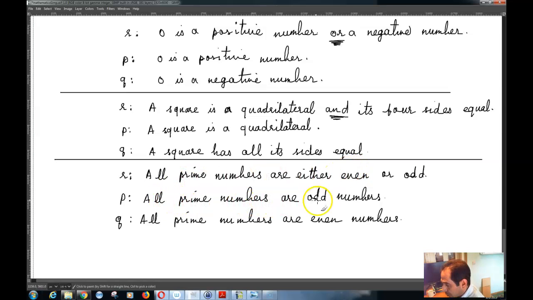Now, all prime numbers are odd numbers is of course false, and all prime numbers are even numbers is of course false as well. So both of these statements are false, and the connecting word is OR.